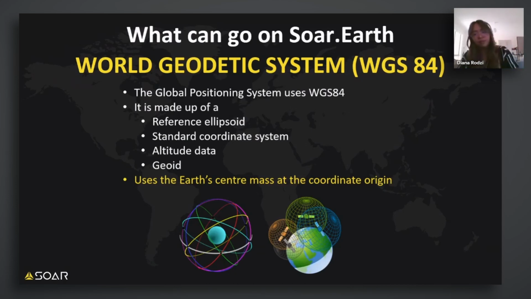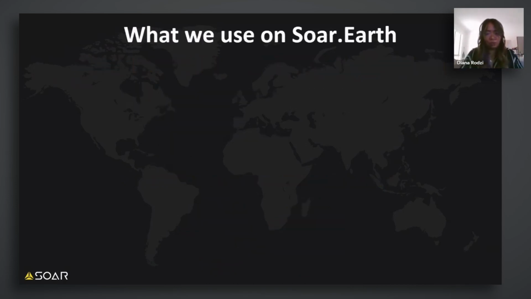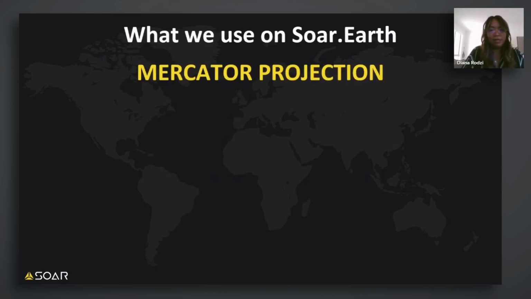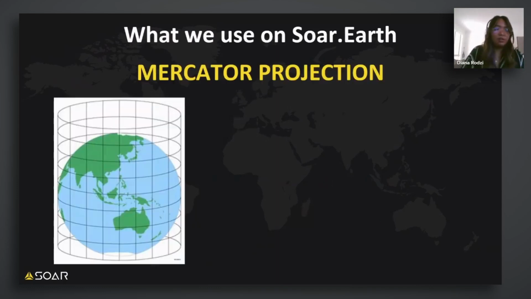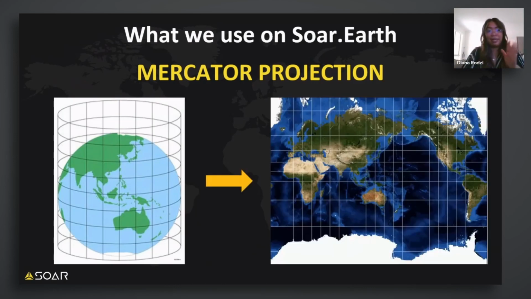Now, in terms of projections, what we use on SOAR specifically, that's the base map you see in this background, is actually the Mercator projection. So what the Mercator projection essentially is that it takes our round Earth and stretches it out to a cylinder. And basically, it rolls out that cylinder into like a carpet. Mostly this projection is picked because it looks the nicest.